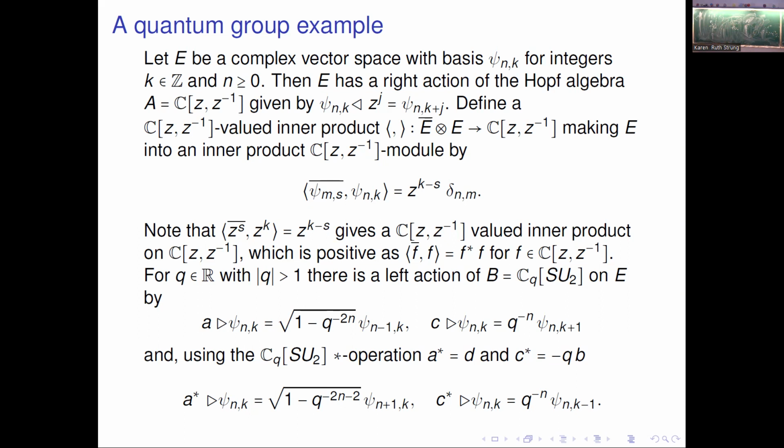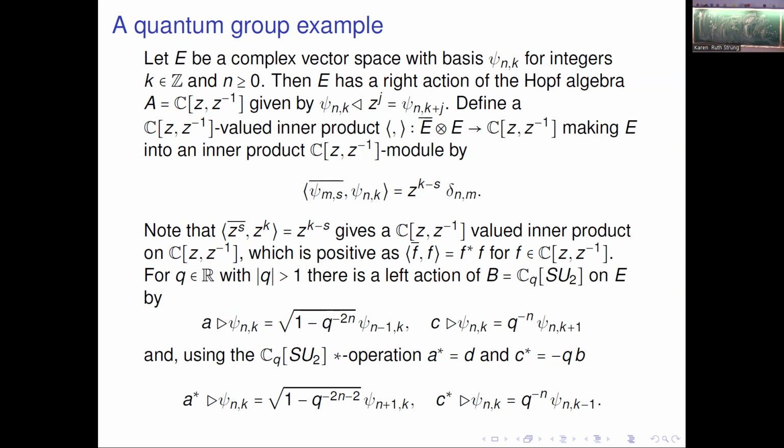So this is going to be a positive inner product on the circle. Now, it's also a right module for multiplying by the algebra of functions on the circle. So here I want to take B to be functions on the circle, and so E will be a right B module, and this will have a positive inner product. Now I'm going to take lots of circles.